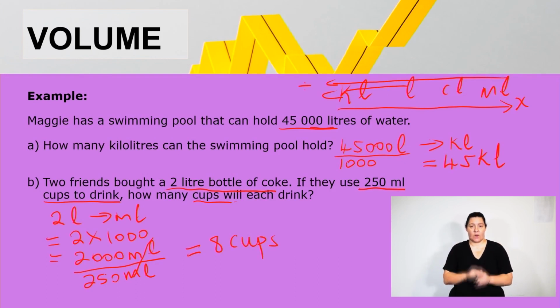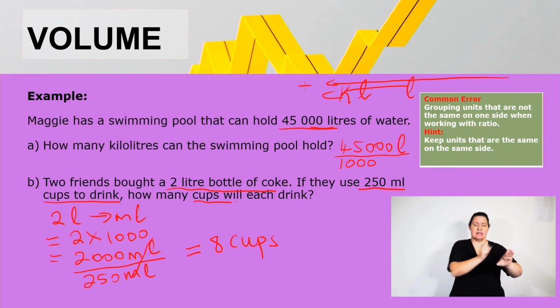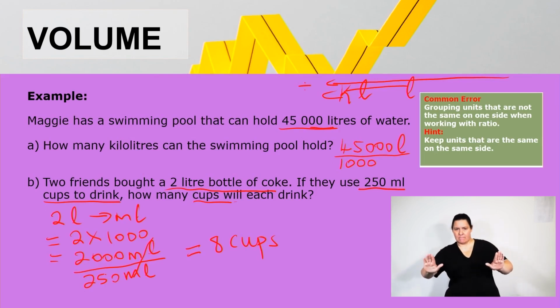I hope you are still enjoying the lesson. And the common mistake that we normally commit in this question is grouping units that are not the same on one side when working with the ratio. In order to avoid this, keep units that are the same on the same side.